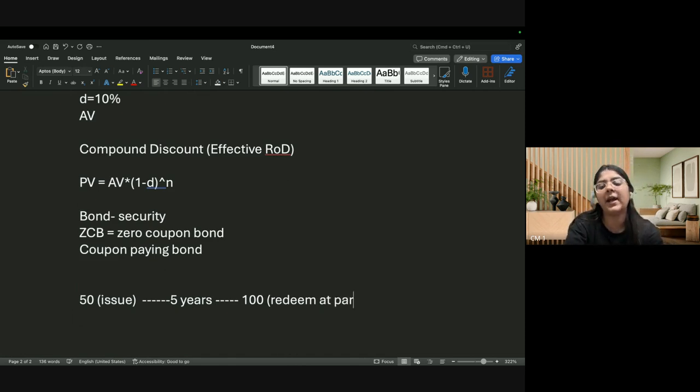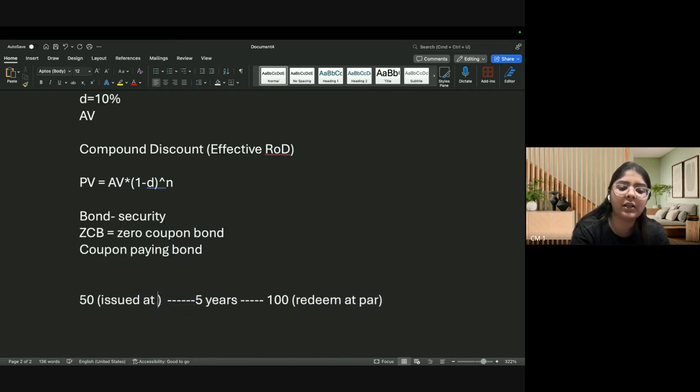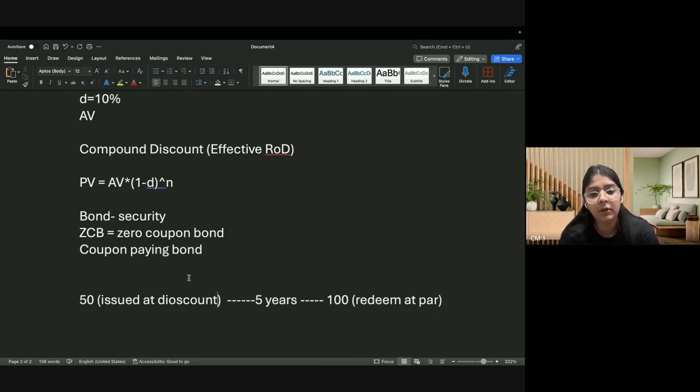Do you know redeeming at par? What does this mean? Issued at discount. So the face value of your bond, each bond was 100.